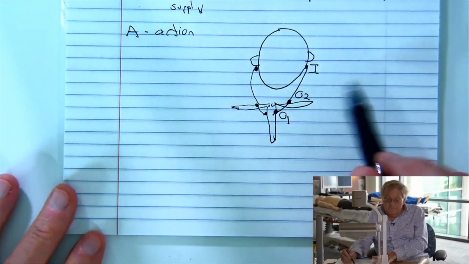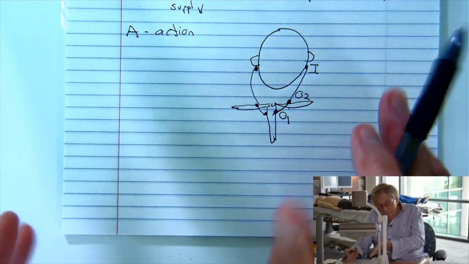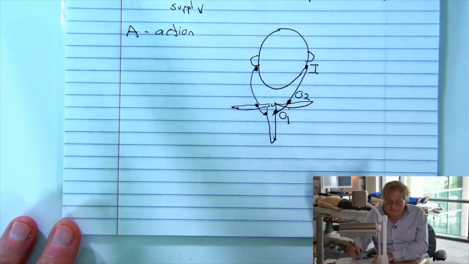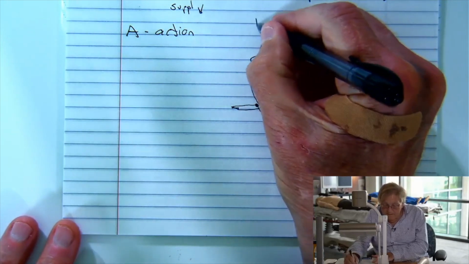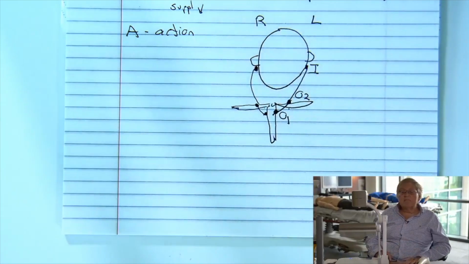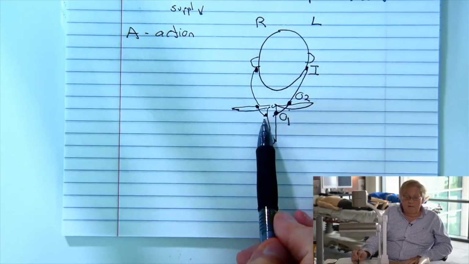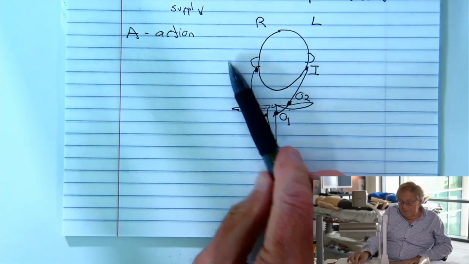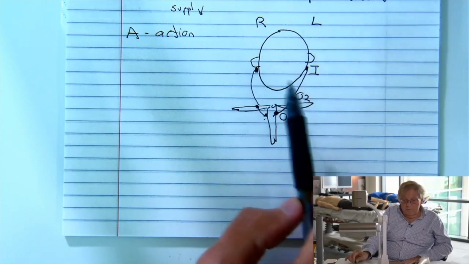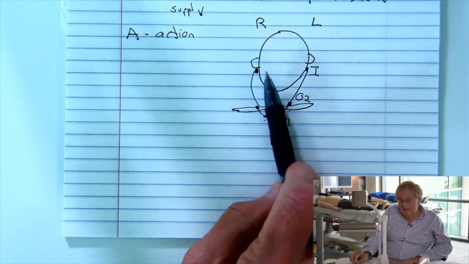If I was to contract the right sternocleidomastoid muscle, so remember, when you're looking at this person here, this is his right side, and this is his left side. When you're looking at him, if I was to contract the right sternocleidomastoid muscle, I'd be pulling down. Remember, origin is fixed, insertion is movable. I'm going to be moving the head.